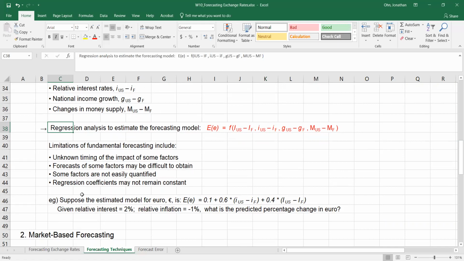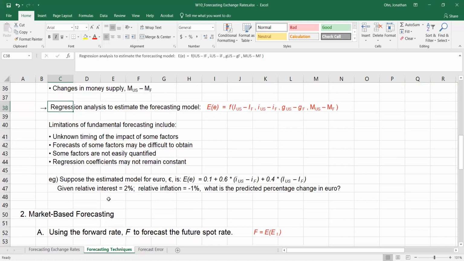Let's use an example. Suppose this fundamental forecasting model for the euro is 0.1 plus 0.6 times the relative interest rate, plus 0.4 times relative inflation.